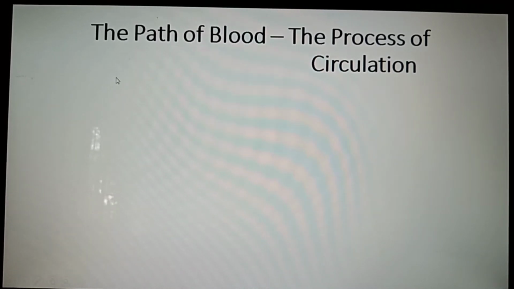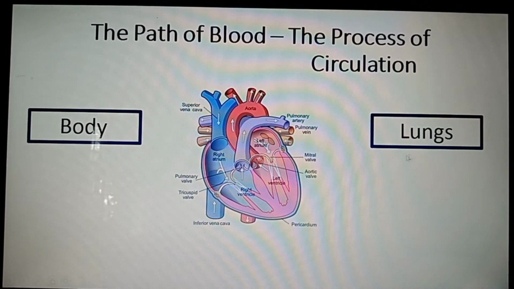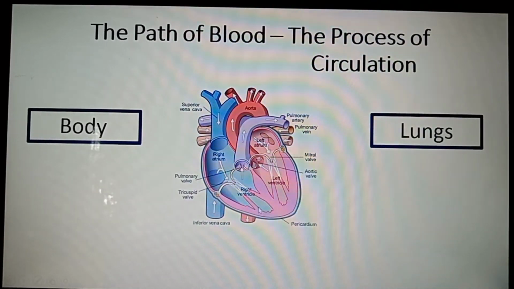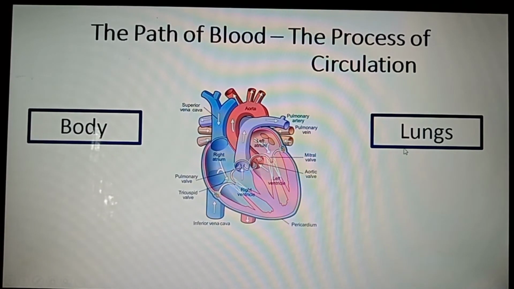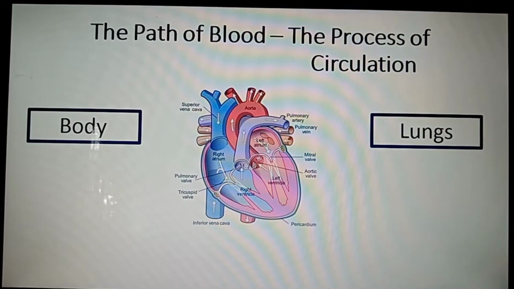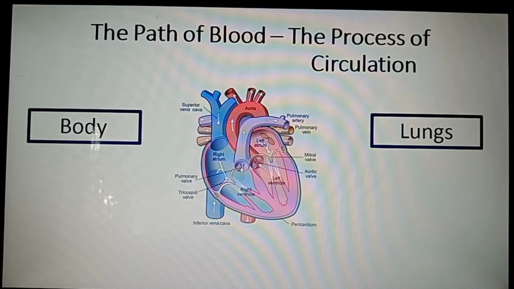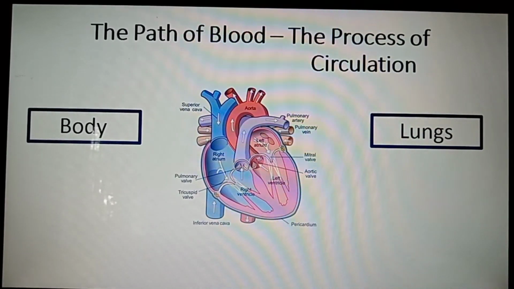To explain this, we need the heart, the body, and of course, the lungs. The blood will circulate there. From our body, going to the heart, from the heart going to the lungs, and from the lungs, going back to the heart, and from the heart, the blood goes back to our body. That's in our modules, children. But we will simplify it so it's easier to understand. We will make it just 5 steps to describe the process of circulation.